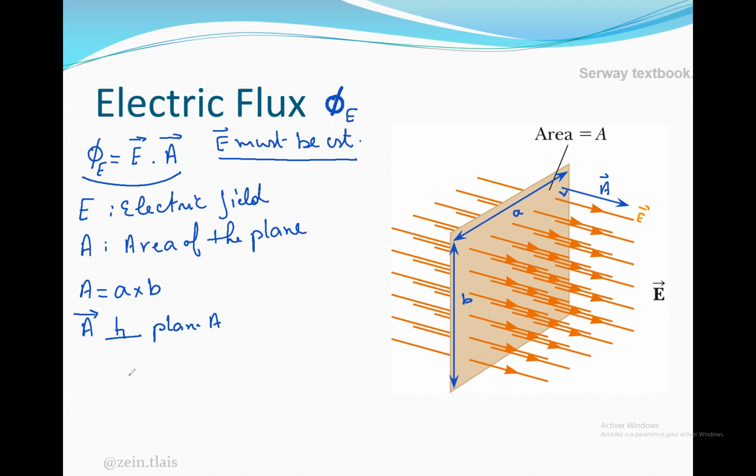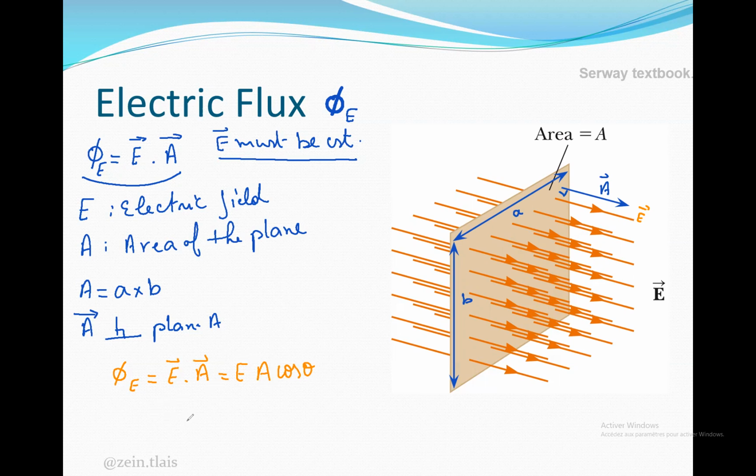So to calculate the flux in this case, we can say flux phi E equals E dot A equals E A cosine theta. Theta is the angle between the electric field E and A.